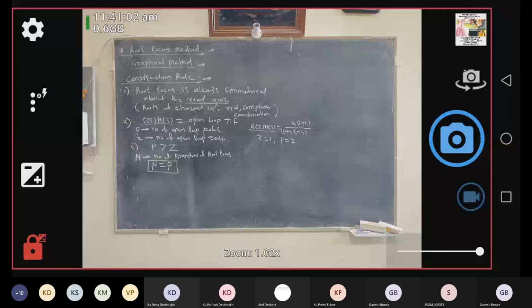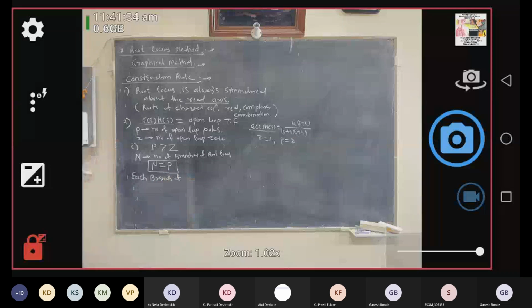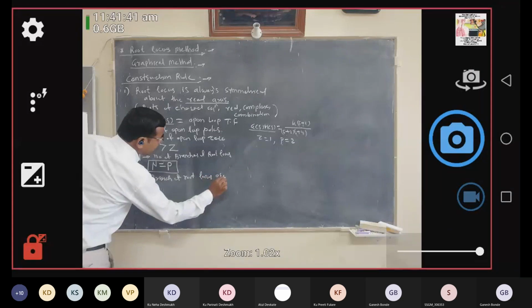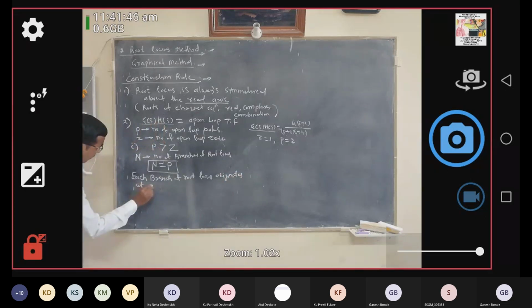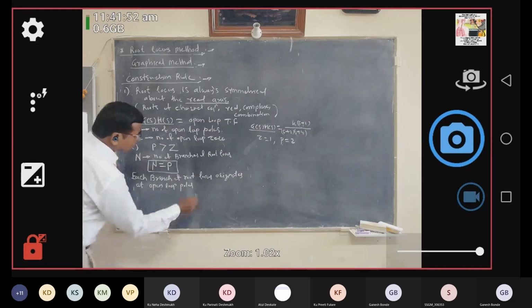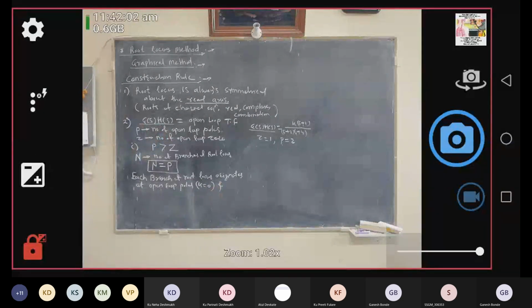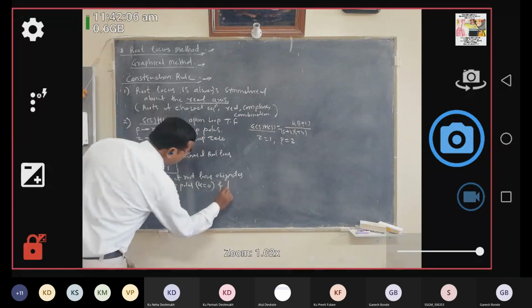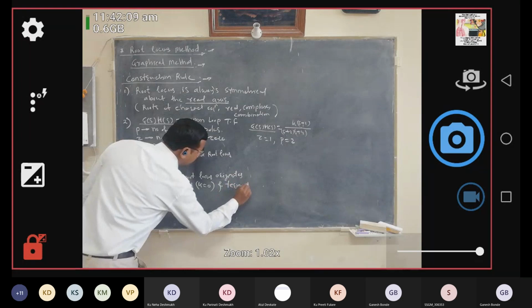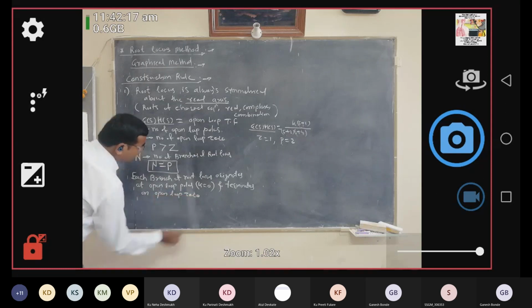Therefore, each of the N branches of the root locus originates at an open loop pole, that is at K equal to 0, and terminates at an open loop zero if present.